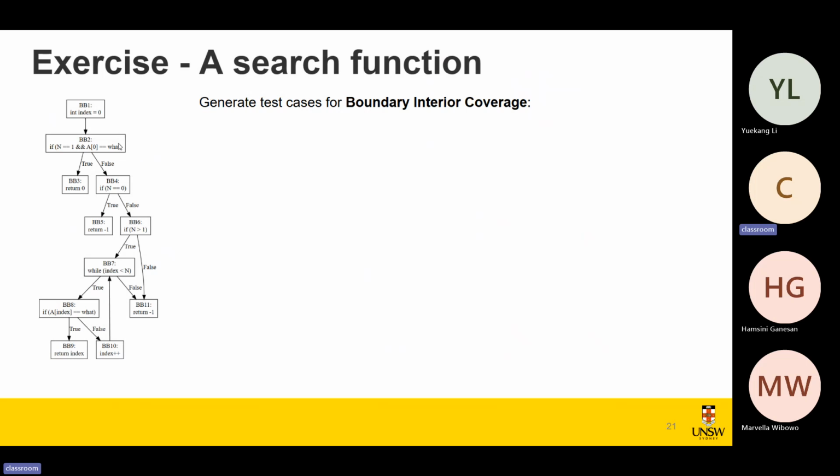Basically, this function accepts 3 values. The first one is a string. The second one is the length of the string, and the third one is the character we are looking for inside that string. And this function will return either the index of the character in that string, or -1 if the character is not inside the string.